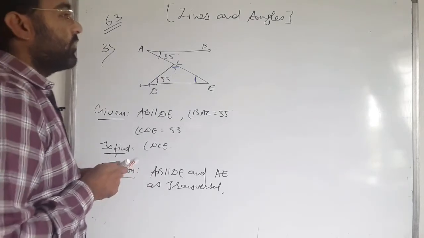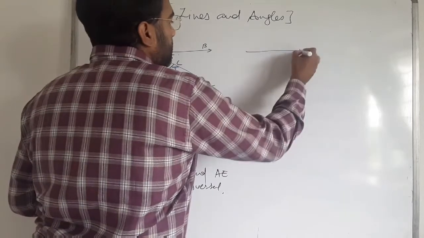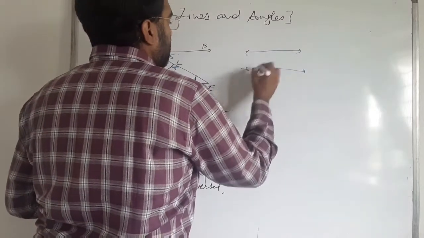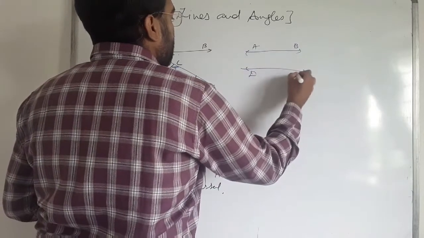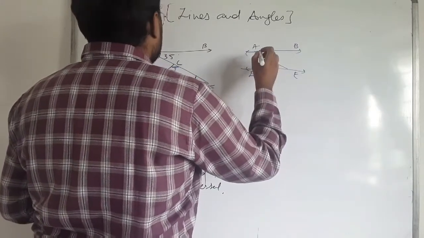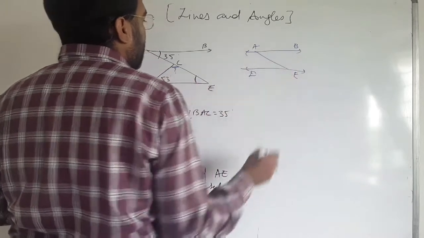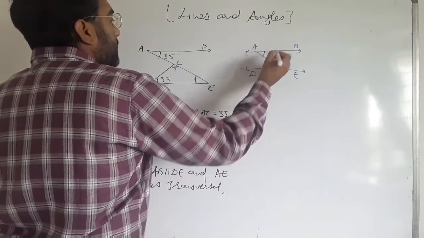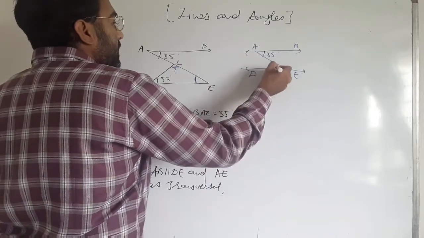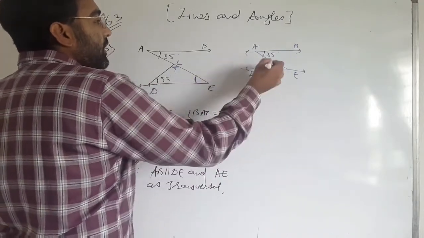So your figure is formed like this: AB, DE, and this is your transversal AE. Here angle 35 is given, and we need this angle.